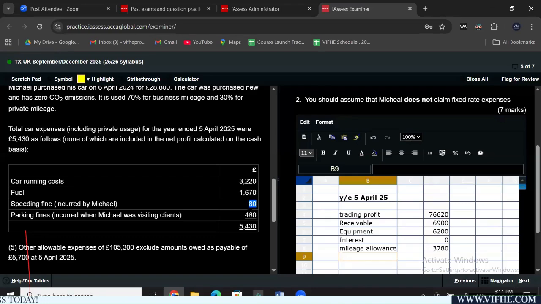So as far as the speeding fine and the parking fine are concerned, they are not deductible at all. A parking fine could be deducted had it been incurred by Michael's employee while doing employment duties, but that's not the case over here. But running cost and fuel expenses are deductible, but this is the total value, and I shall be deducting only that much expense which is related to business use.